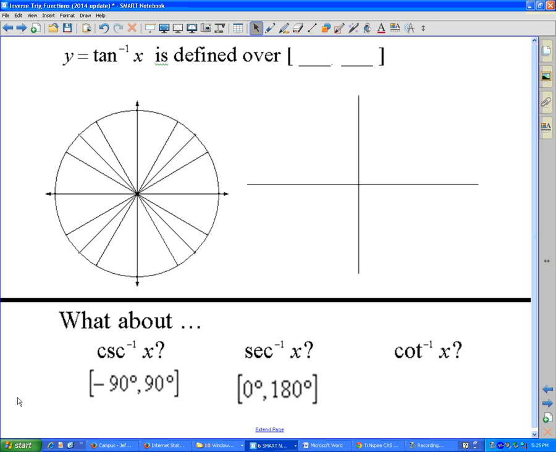Tangent and cotangent are tricky for this reason. They're both positive in quadrant 1, so everybody's positive in quadrant 1. We know that's the case. But they're both negative in both quadrants 2 and 4. So you kind of can take your pick which one makes sense.